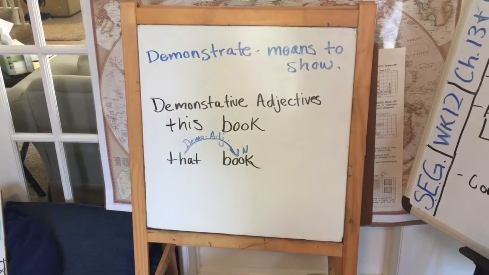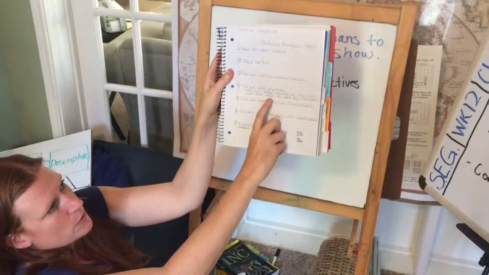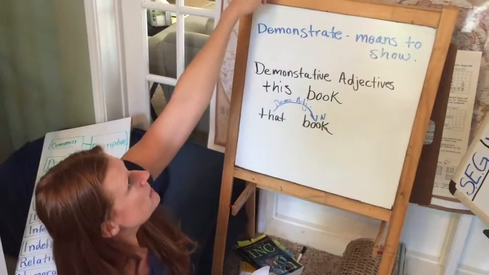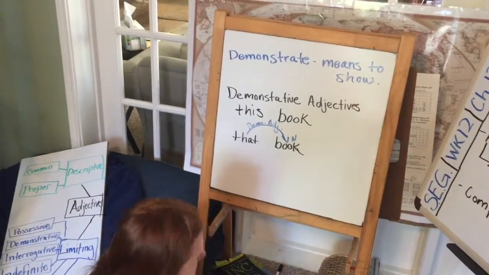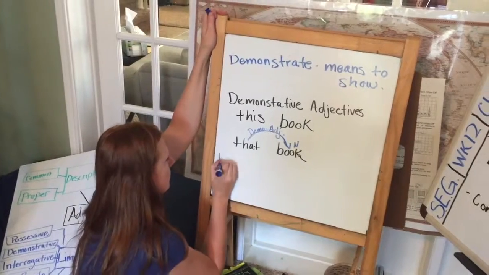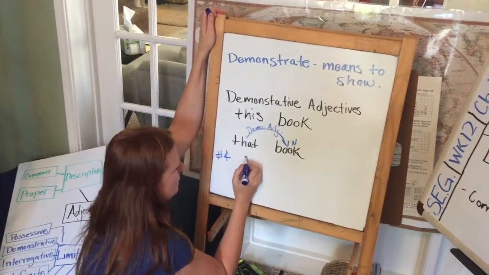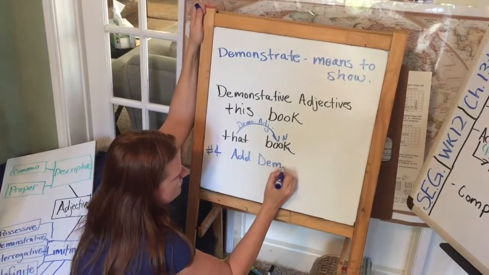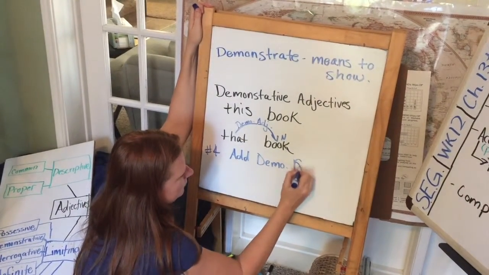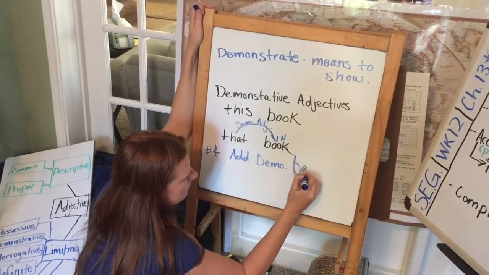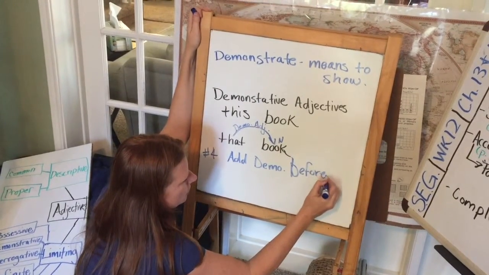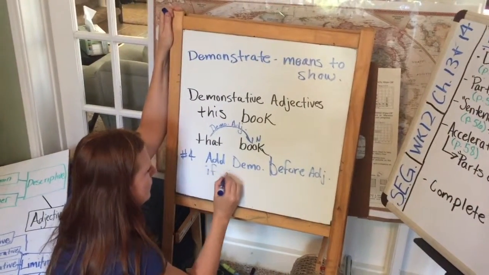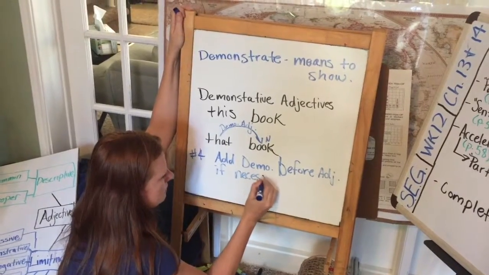So at this point, go to step number 4 again, and you're going to add demo before ADJ if necessary.